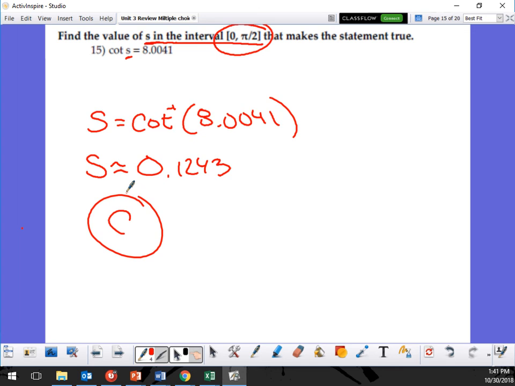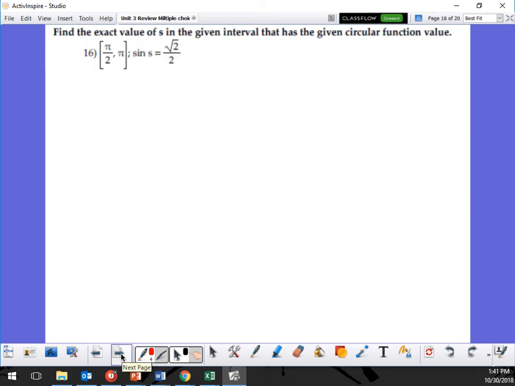Okay, alright, so let's keep going. Now what quadrant is this in? First. Put your magic finger on pi over 2. Put your other magic finger on pi.